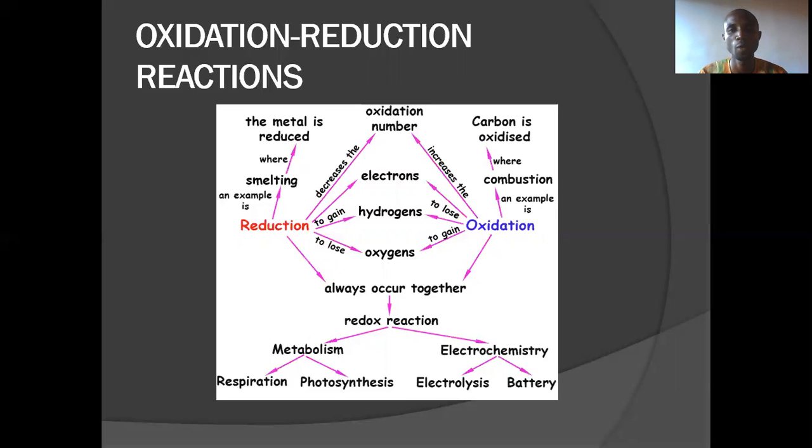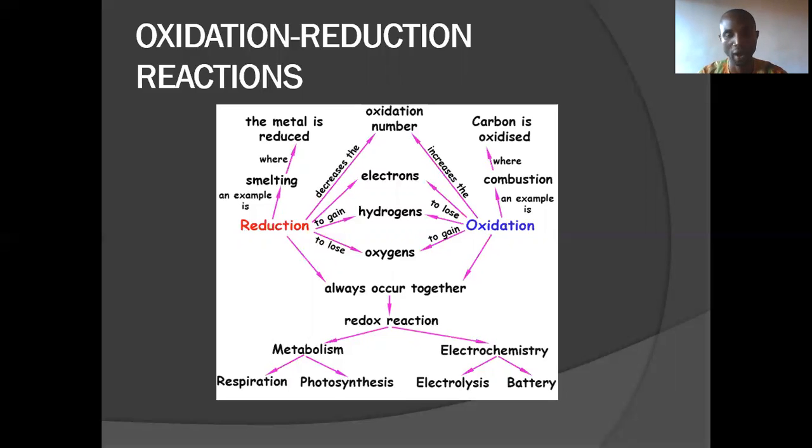So, if you want to define oxidation in terms of oxygen, you say that oxidation is an addition of oxygen. It's the process of adding oxygen to a substance, or you say it's to gain oxygen, while reduction is the removal or to lose oxygen. Oxidation is to gain, while reduction is to lose in terms of oxygen.